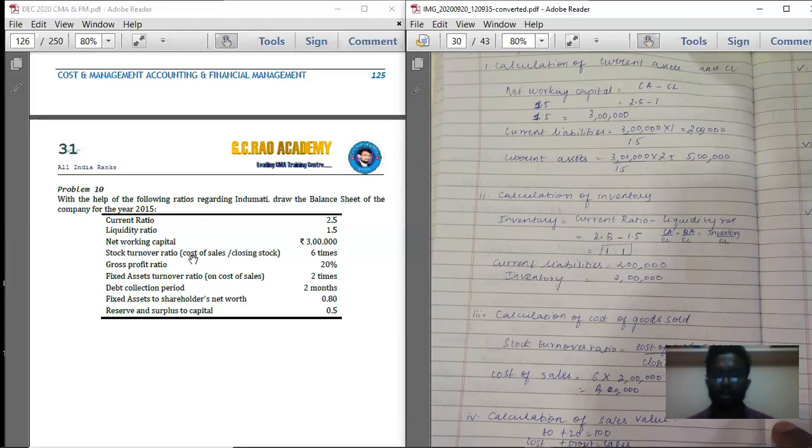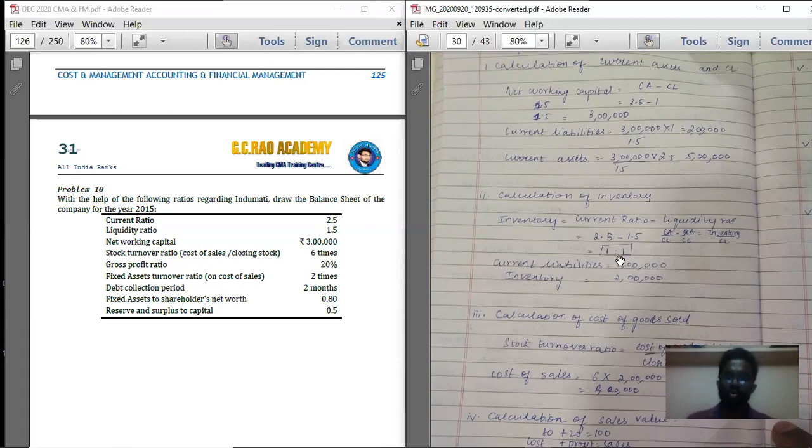Below that, point number 2, calculation of inventory. Inventory ratio is nothing but current ratio minus liquid ratio. The difference between current ratio and liquid ratio is only inventory; we are assuming it like that. So inventory is equal to current ratio minus liquid ratio, which is 2.5 minus 1.5, equal to 1:1.